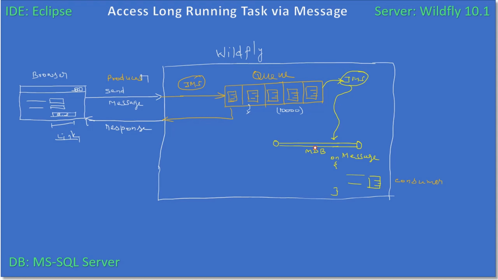In the previous video we said that an MDB is a stateless bean, so WildFly may span multiple MDBs to process the requests. Once a message is received, here this is the consumer. As part of processing the message, it still depends on the stateless bean. We already saw that a stateless bean contains a book shipment method.